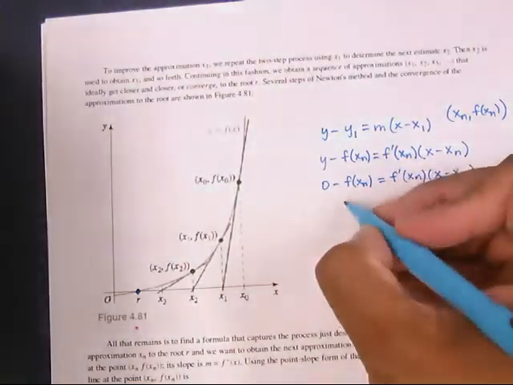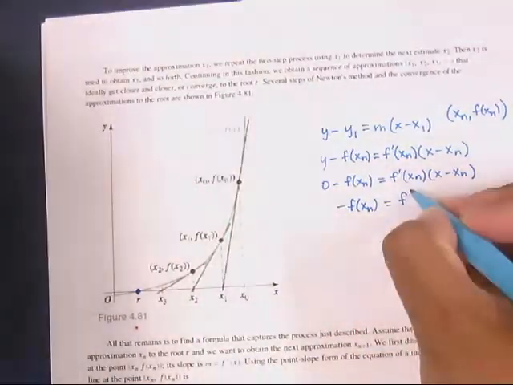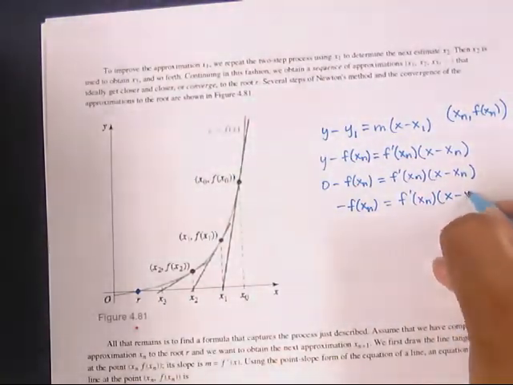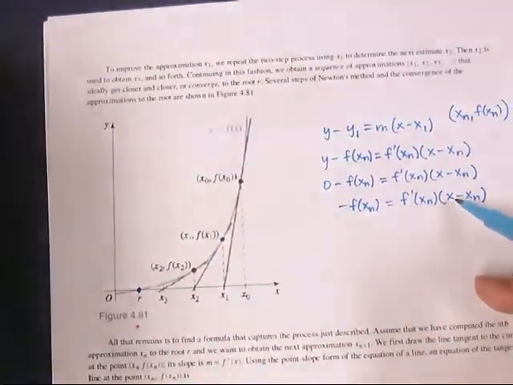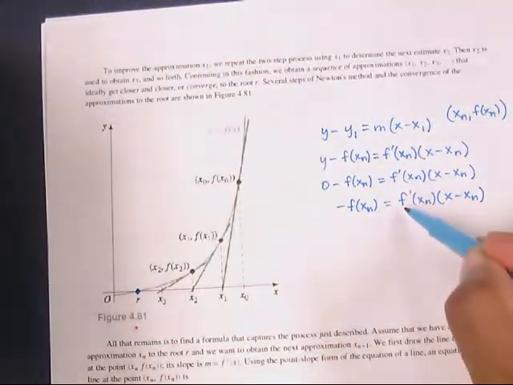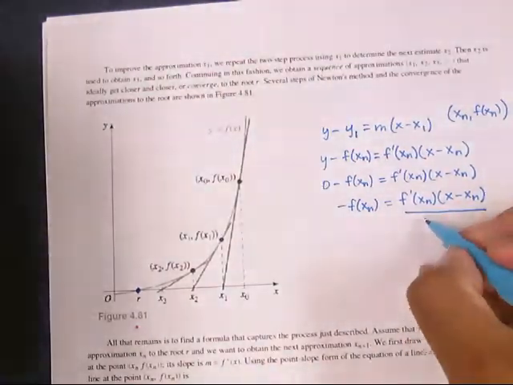Okay. So here, this will be negative f of x of n equaling f prime of x of n times x minus x of n. Now here, the objective is I want to solve for x. So what I need to do here is divide both sides by f prime of x of n first.